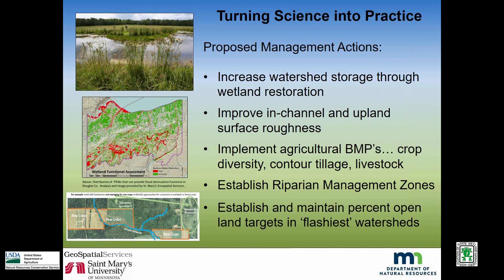Implementing agricultural best management practices, things like crop diversity and contour tillage and livestock management. Establishing and enforcing riparian management zones along streams and rivers, and setting targets for replanting and recreation of natural vegetation in some of the highest erosive potential watersheds.